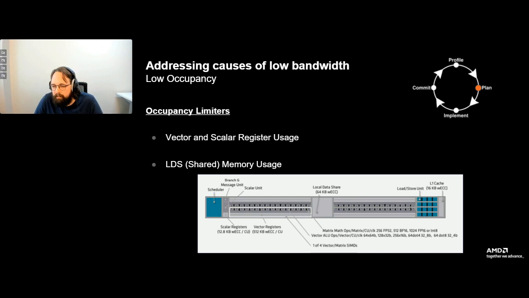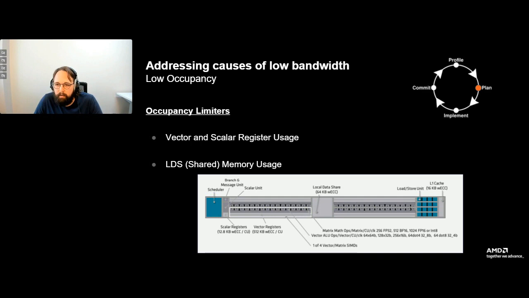If you ran out of register space for your vector registers, some of that data would spill over into local memory on the NVIDIA GPUs. The difference here is you have LDS, which is distinct from the 16 kilobyte L1 cache. The way the spillage works on the AMD GPUs is if your scalar registers fill up, they spill into vector registers. If there's no room in the vector registers, they spill to the L1 cache. If there's no room left there, it's going to go to LDS. It's going to follow that hierarchy.